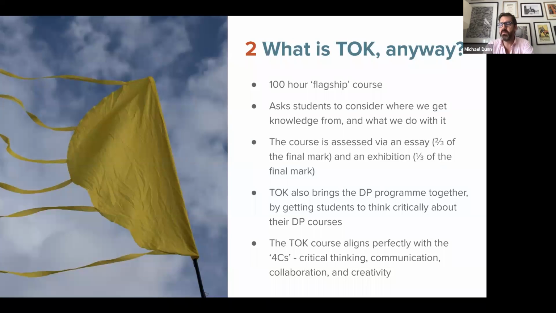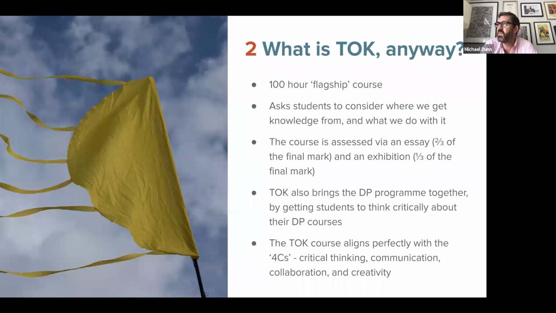The other really important aspect of TOK is that it is designed to bring all the aspects of the DP together, getting students to think critically about all of their other DP courses. So this is why we refer to it as being the hub, one of the core aspects of the DP.